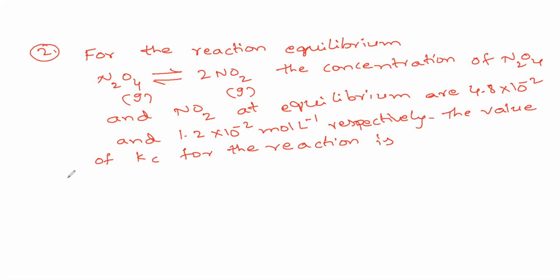So option 1 is 3 into 10 to the power of minus 1 moles per liter. Option 2 is 3 into 10 to the power of minus 3 moles per liter. Option C is 3 into 10 to the power of 3 moles per liter.